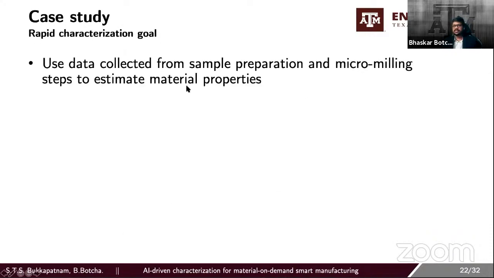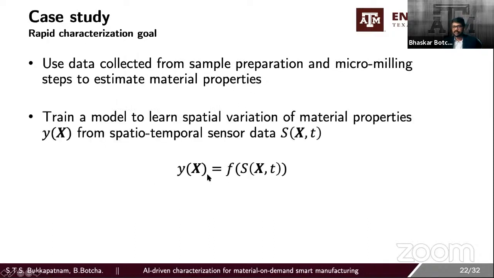The case study is: we use data collected from the sample preparation and micromilling steps, and we want to train a model. We want to know how the hardness values are changing across space. So we want to learn the spatial variation of material properties. That is what we are learning, and what we want to learn it from is the spatiotemporal sensor data.